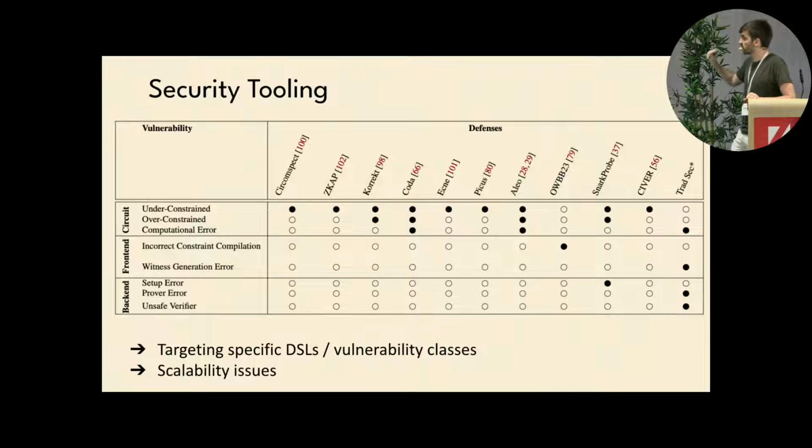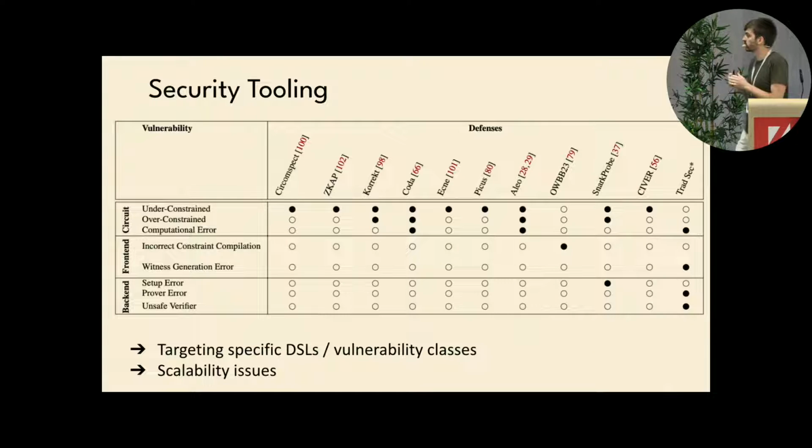For example, Circomspect is a linter for Circom for finding under-constrained issues. ZKAP is a static analysis tool. Then we have some formal verification tools, again mostly on Circom, or Corca on Halo 2. We have some languages that apply security formal methods to help users find bugs. And SNARKProbe is a fuzzer.